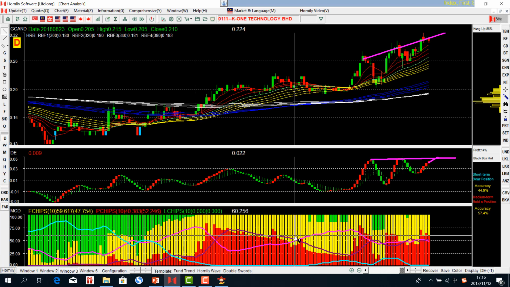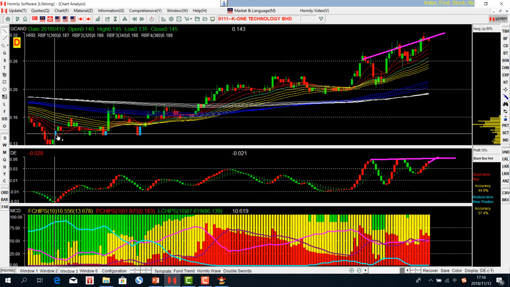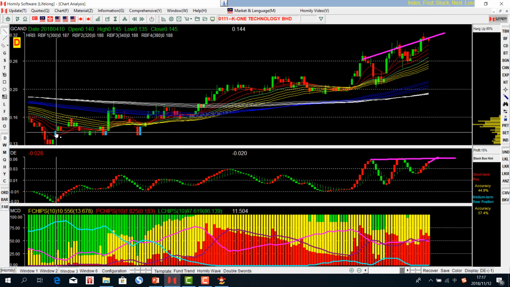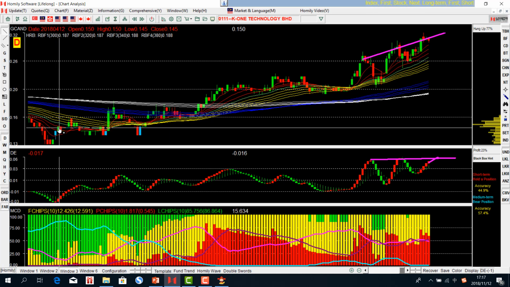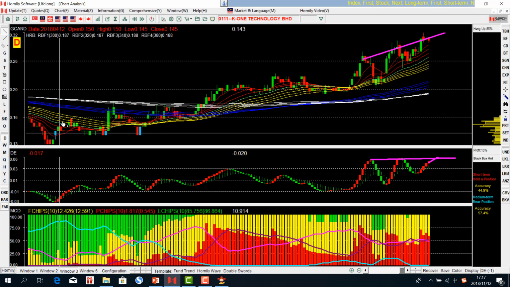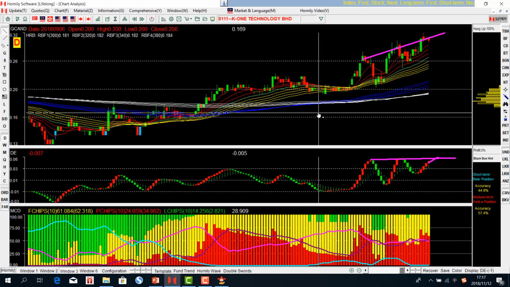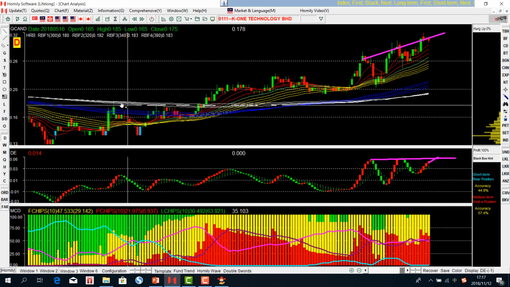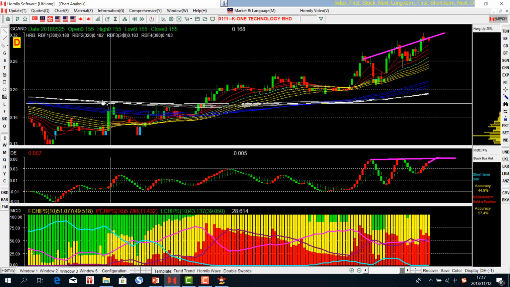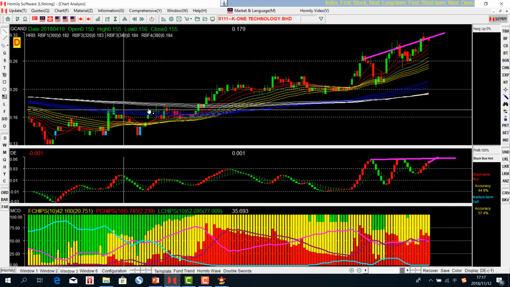For the certain buy point, when you see the light blue candlestick appear, you can wait until the price breaks out of the light blue candlestick. You can do it for intraday, or you can combine it with the Homer rainbow. When it reaches the Homer rainbow big resistance, the resistance is the white line and the blue line.